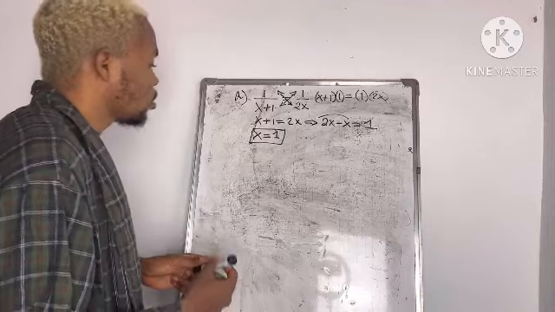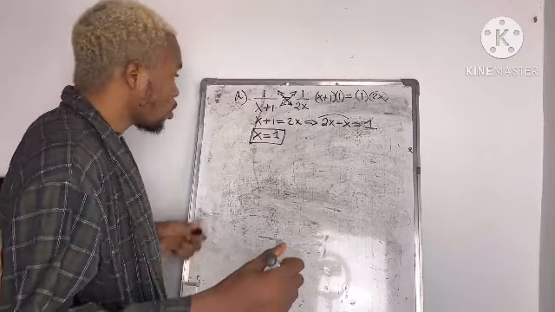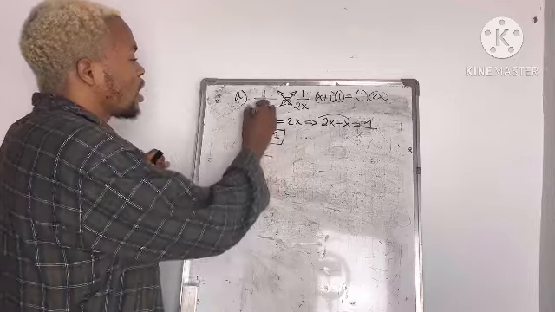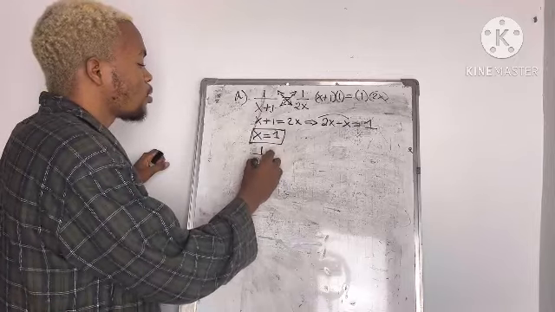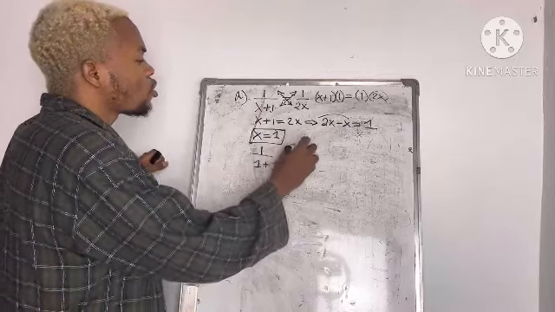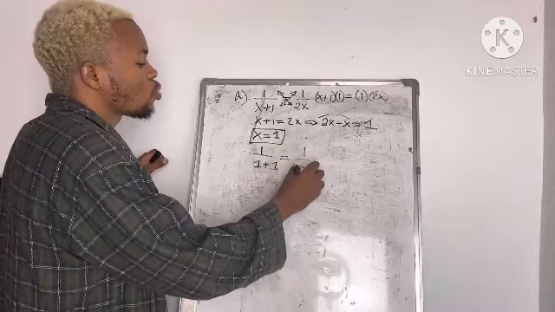For example, you have 1 over x plus 1. What's x? x is 1, so 1 plus 1 equal to 1 over 2 times x, which is 1.